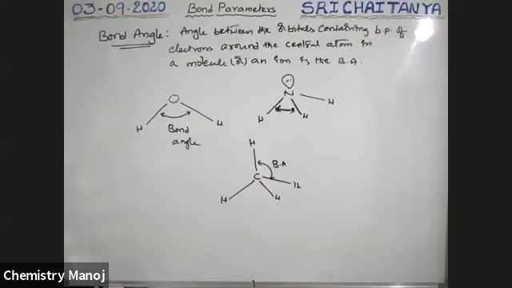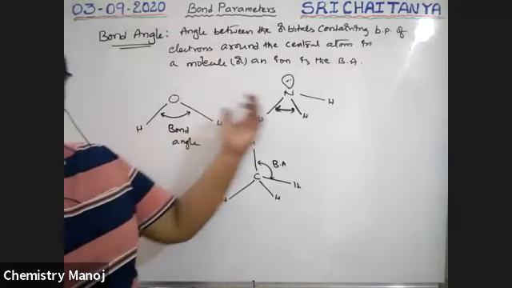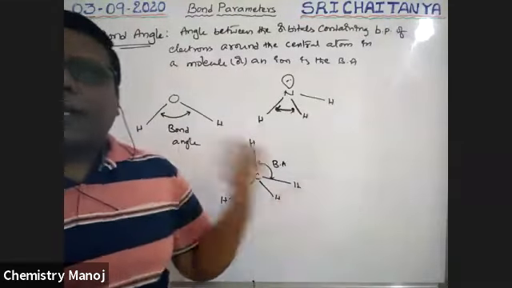That is a statement, a definition for bond angle. So if it is a molecule, it is the bond angle in that molecule. If it is an ion, that is the bond angle in the ion.